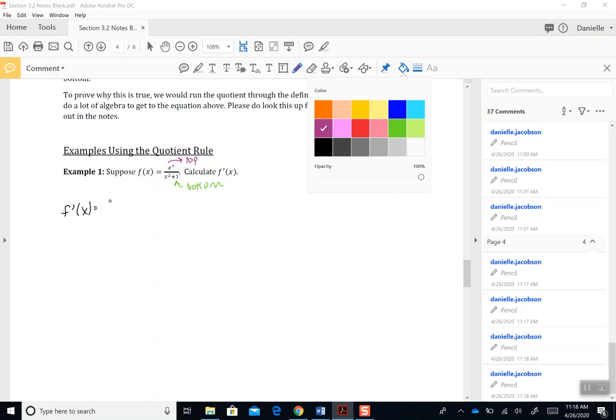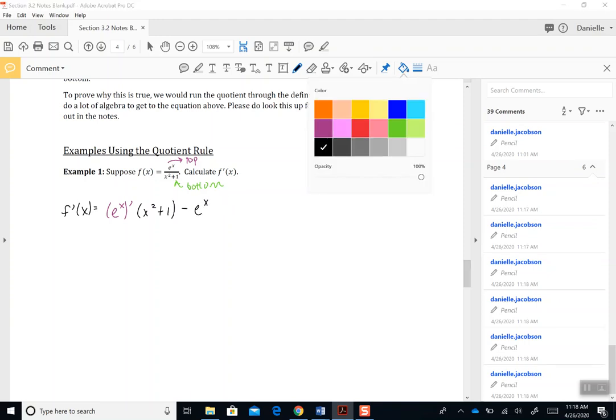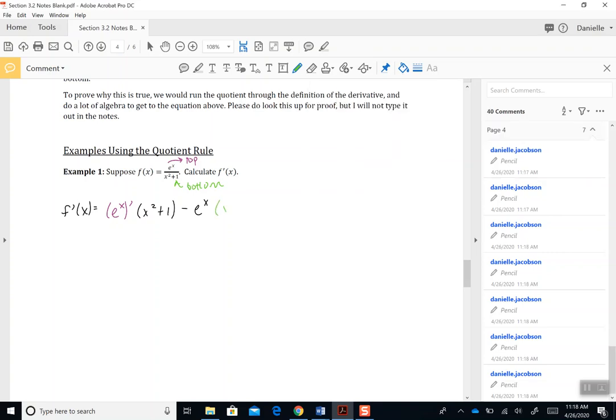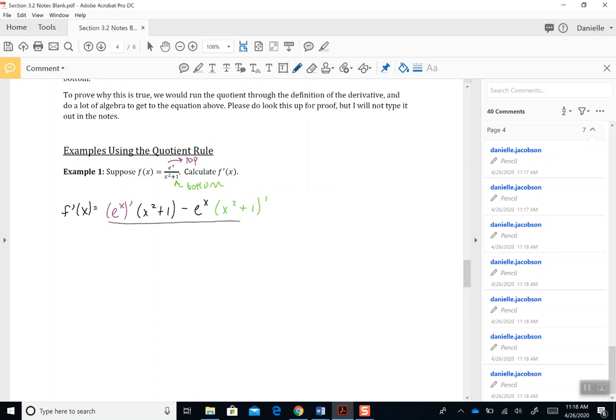So the derivative of the top, that is e to the x prime, times the bottom, x squared plus 1, minus the top, e to the x, times the derivative of the bottom, x squared plus 1 prime. And then we have all of that over the bottom squared, so x squared plus 1 all squared.